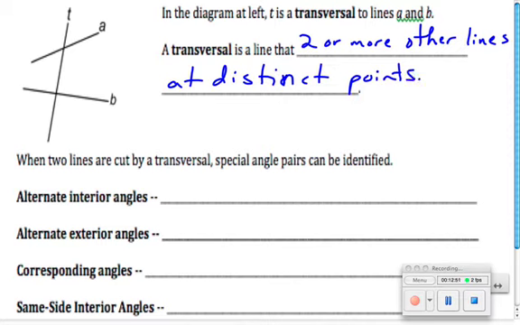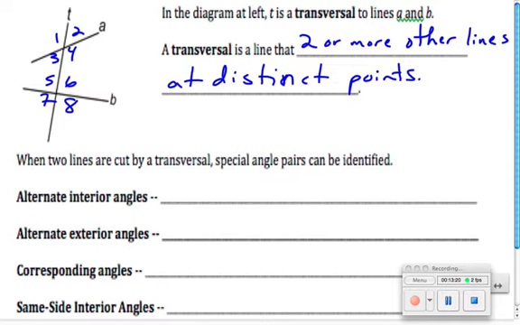Okay, so in this diagram, there will be 4 kinds of special angle pairs that we will discuss. Let's first number these angles so we have something to refer to. So make sure that you're numbering your angles the way I've numbered mine, otherwise our descriptions won't match up and you'll end up studying from the wrong thing.